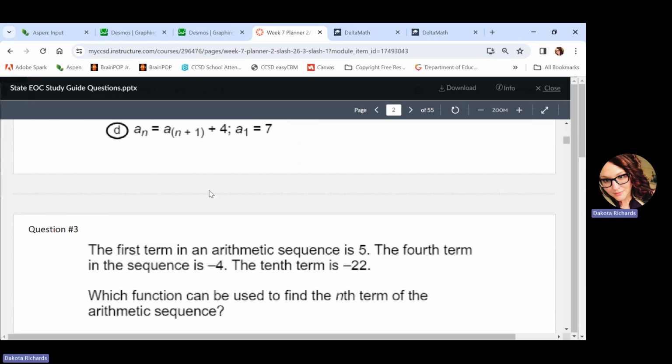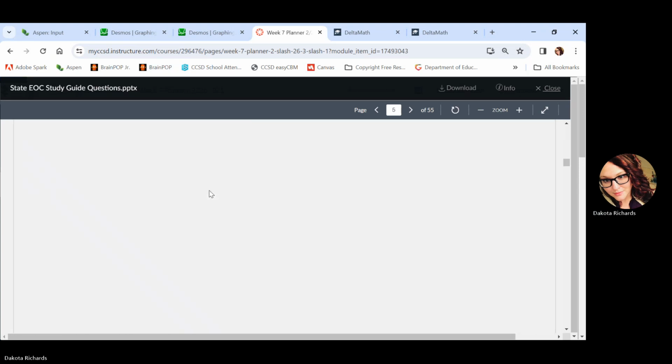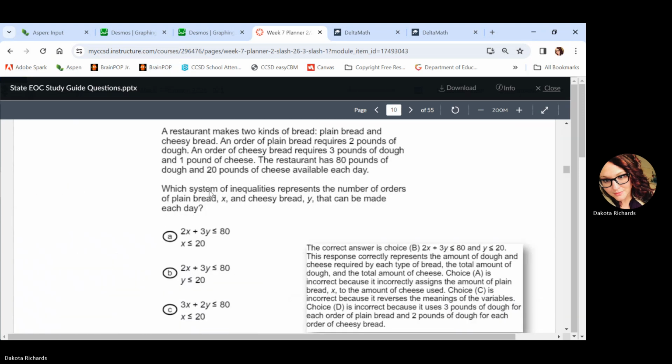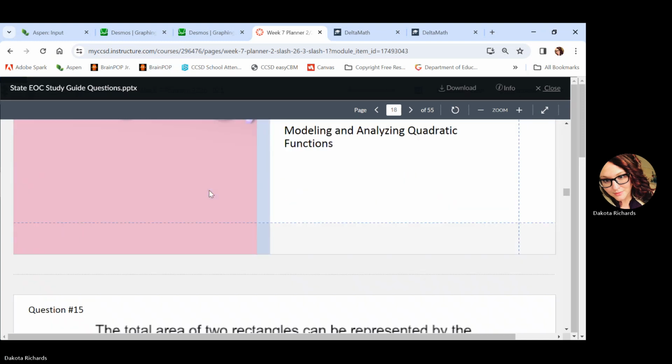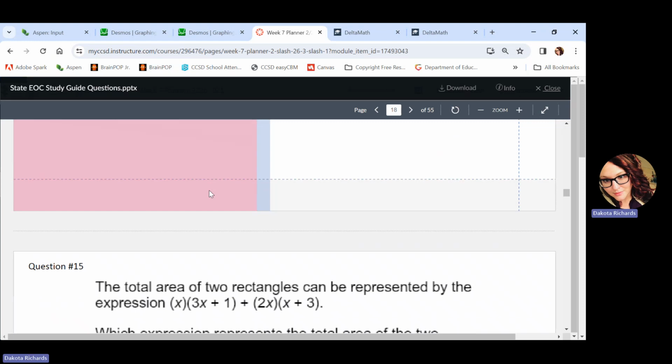So starting with 15 here. So 15 through 19, that's what you're working on. Record your answers. Try not to put just A, B, C, or D. Try to put something to help you remember that question, so I know that you actually did some work and you didn't just write A, B, C, or D.